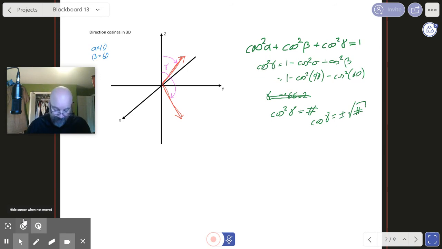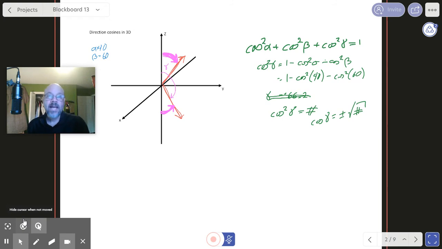And so the plus solution gives us gamma measured from the top, and the minus is going to give us the angle measured from the bottom.